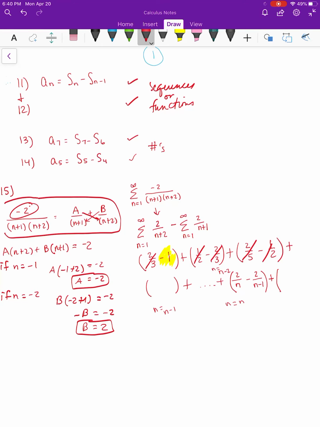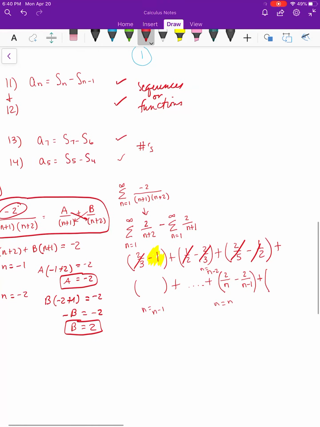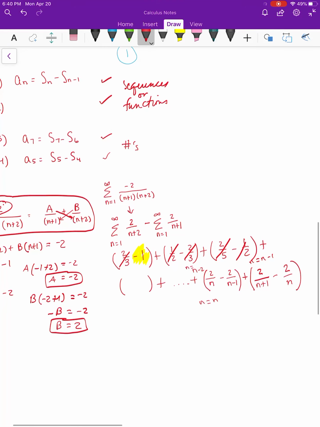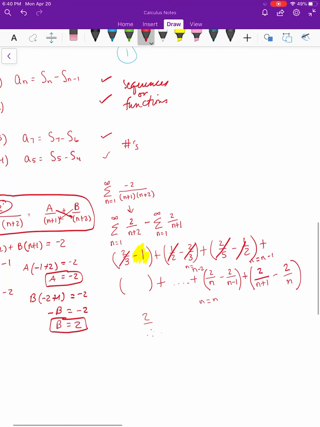So let's go ahead and put our n minus 2 in. That's going to be 2 over, if I do n minus 2 plus 2, I just get n. Minus, and if I put n minus 2 into the next one, I get 2 over n minus 1. Plus, then if I do my n equals n minus 1, I get 2 over n plus 1 minus 2 over, for n minus 1 plus 1, 2 over n.